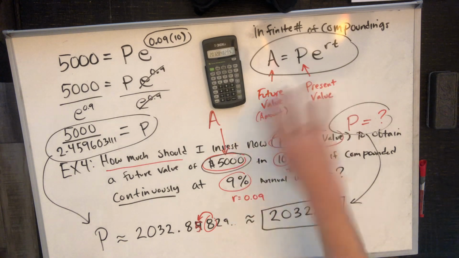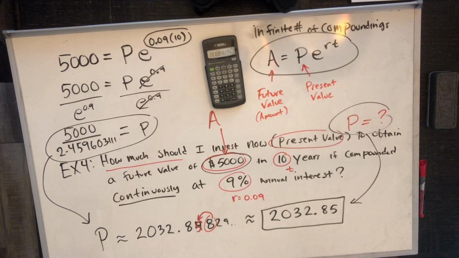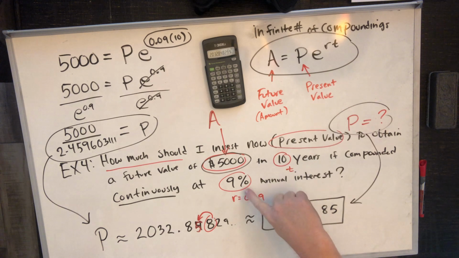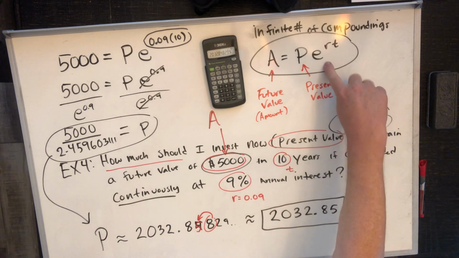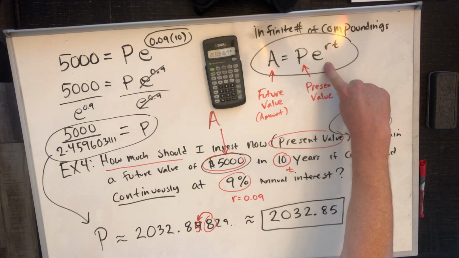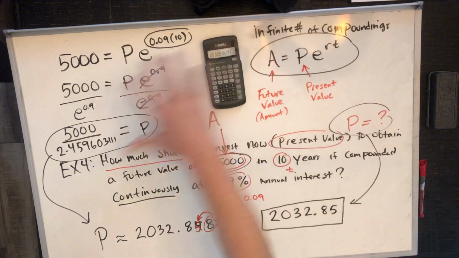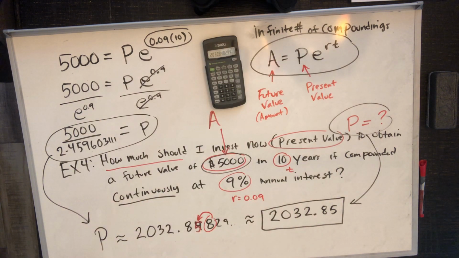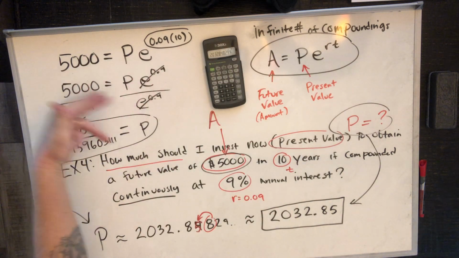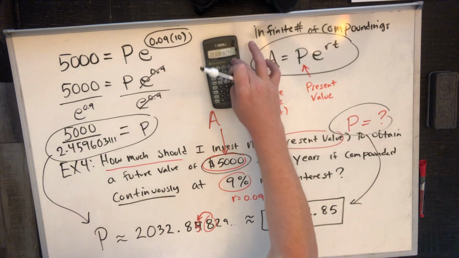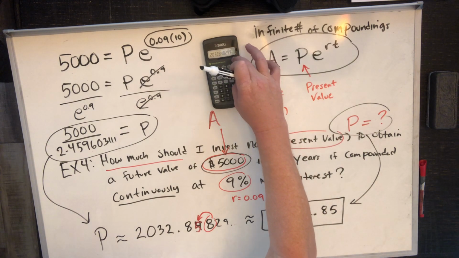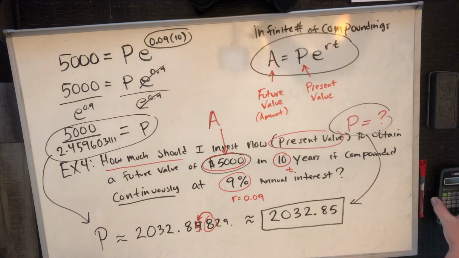A couple things that are a little bit unrealistic about this. You're not going to get 9% interest. Sorry, it's not going to happen, at least not anytime soon. And you're also not going to find a bank that compounds continuously. So I really just meant this as more of an academic exercise, how to solve for P. In my next example, we can be a little bit more realistic about our values.